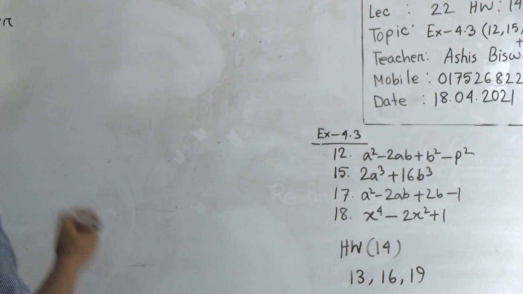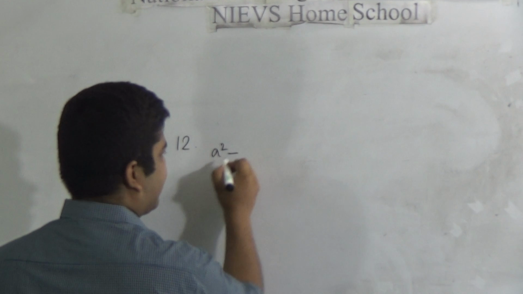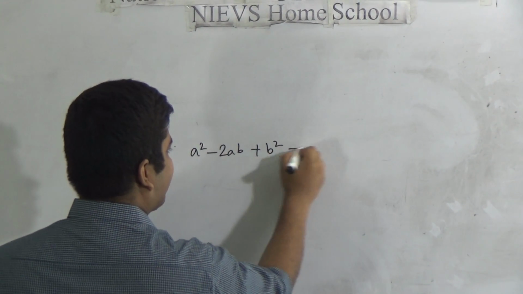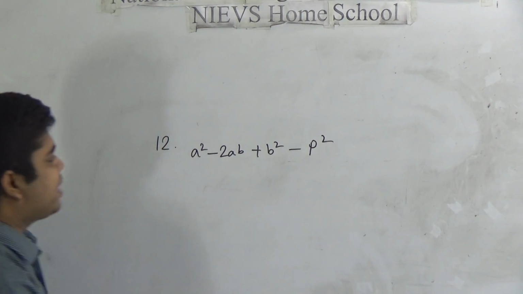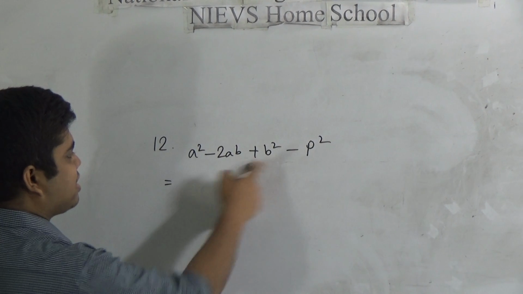So first of all we write question 12: a square minus 2ab plus b square minus p square. My dear students, notice a square minus 2ab plus b square.